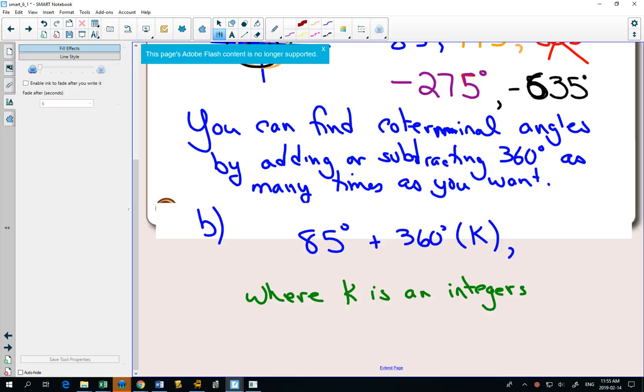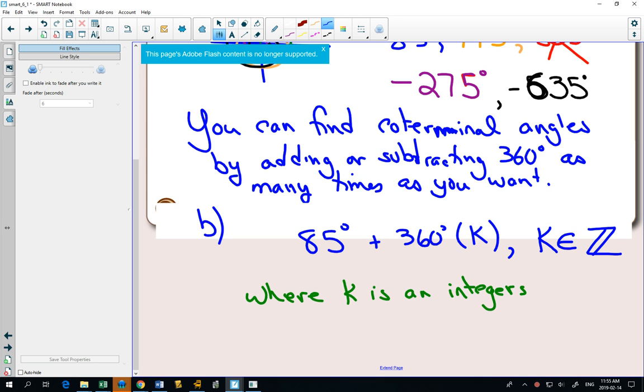So mathematicians will say k, this symbol that looks like a C and an E, that if they got married and had a kid, that's what it would look like. That symbol means belongs to. K belongs to the integers.